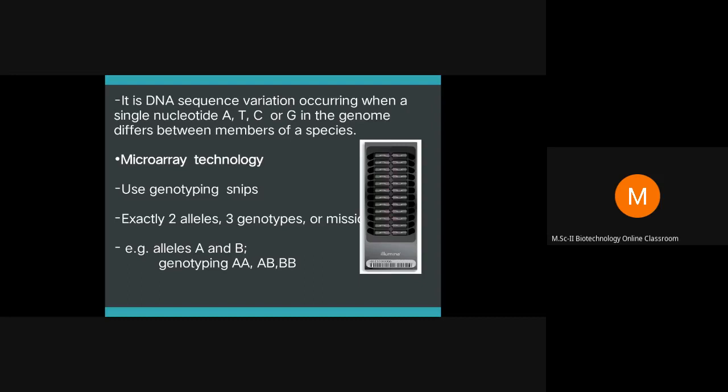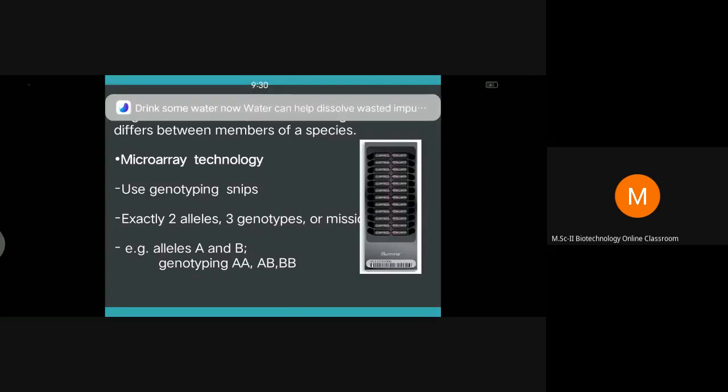Millions of SNPs in any two genomes are interrogated in genotyping on chips, called SNP chips, also called a microarray or a bead array.